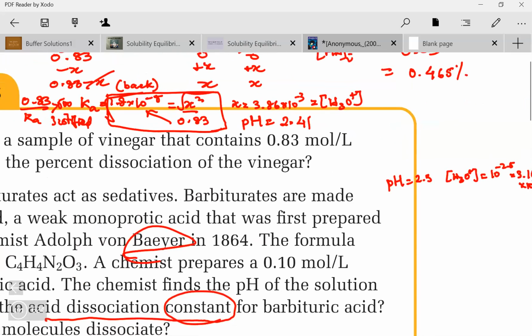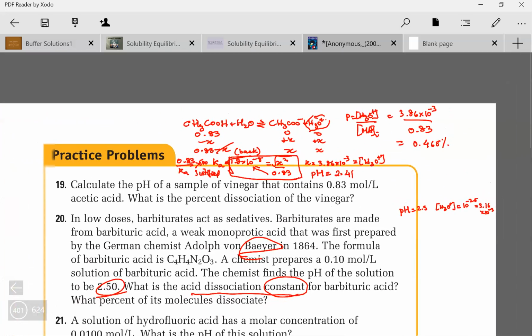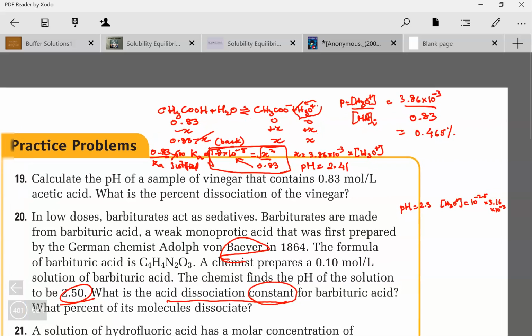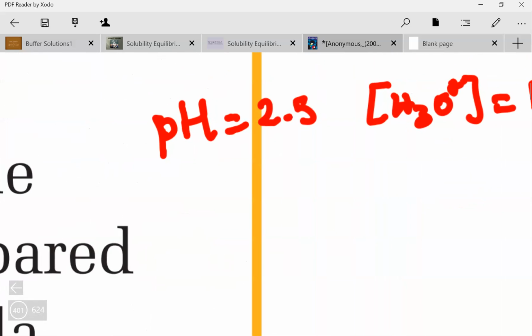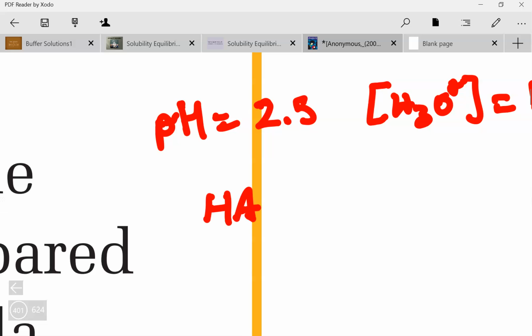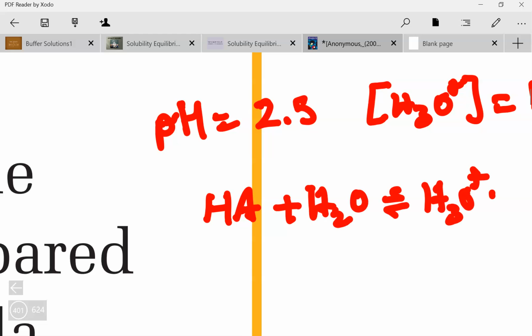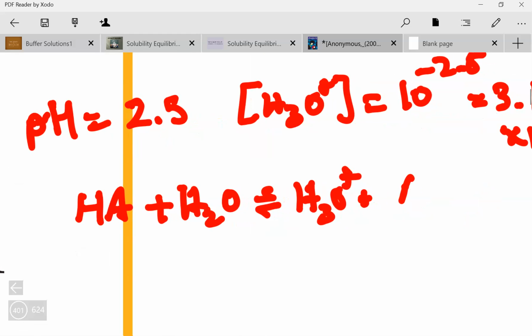Now for my chemical equation, I don't want to write out that entire formula because that's going to be very annoying. So I'm just going to put HA plus water, H3O plus, A minus.